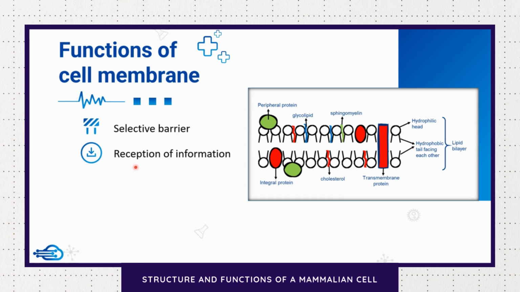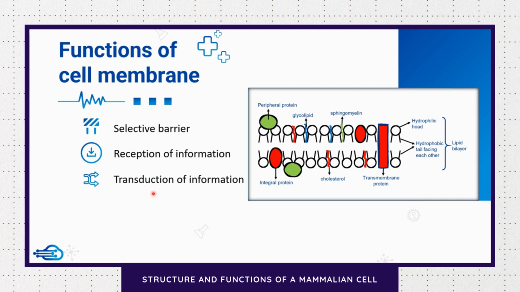Also, it allows for reception of information from the surroundings. So, if there is any change in chemical concentration outside the cell, there will be receptors present on the cell membrane, and those chemicals can act on the receptors and the information can reach the cell. So, the cell membrane allows for receiving any information from the environment.